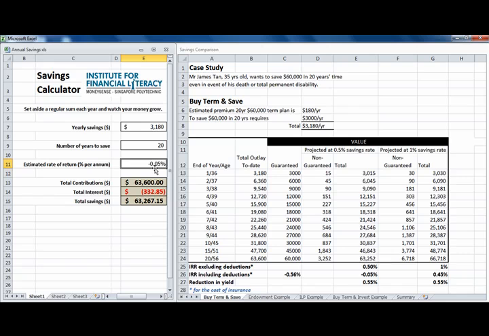Let's do this with 0.45%. Again, you see that the yields are very close. This represents a reduction in yield of 0.55% in both scenarios.